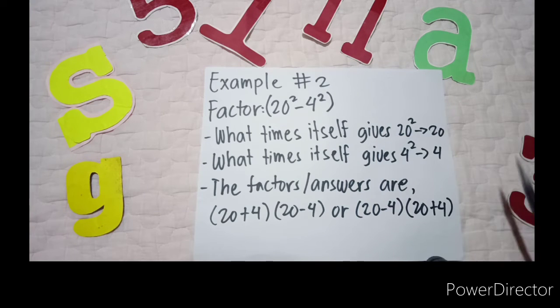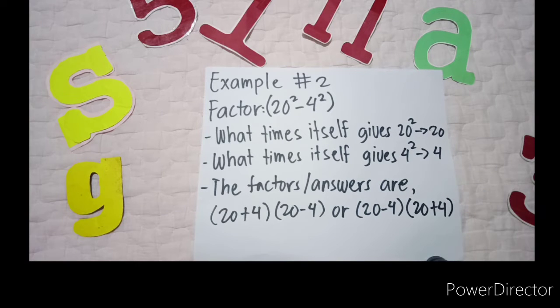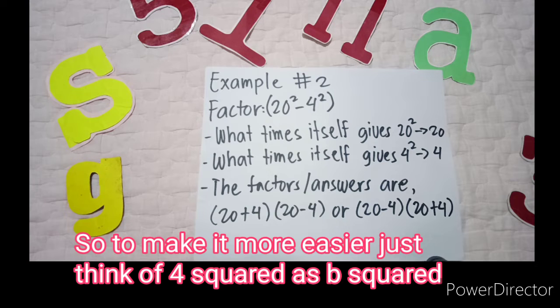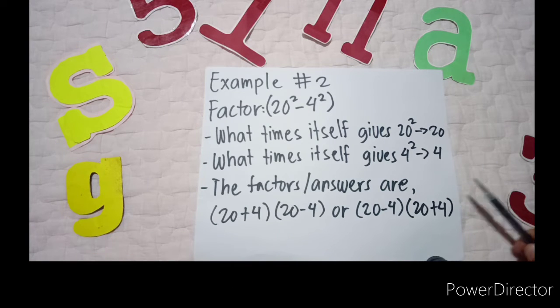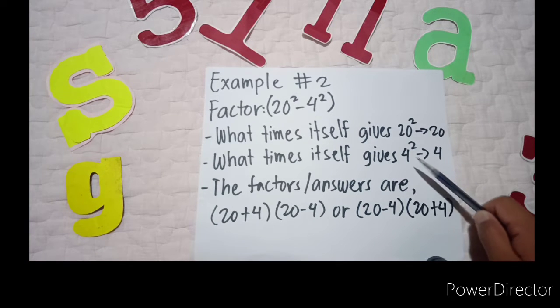The second term, 4 squared. What times itself gives 4 squared? To make it easier, just think of 4 squared as b squared. So what times itself gives b squared?